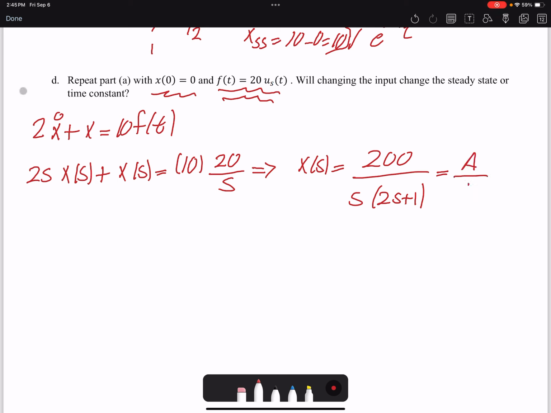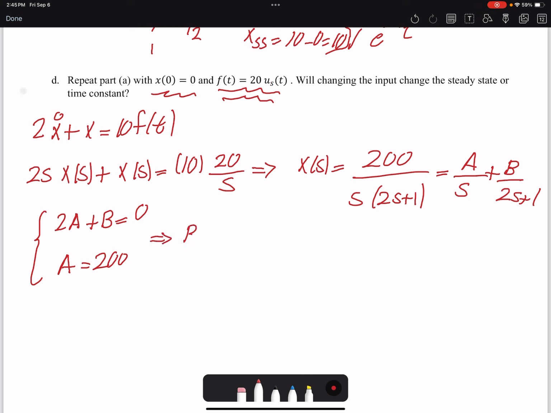If I use a over s plus b over (2s plus 1), 2a plus b would be 0. That's the coefficient of s, and a would be 20. That gives me b to be negative 40.